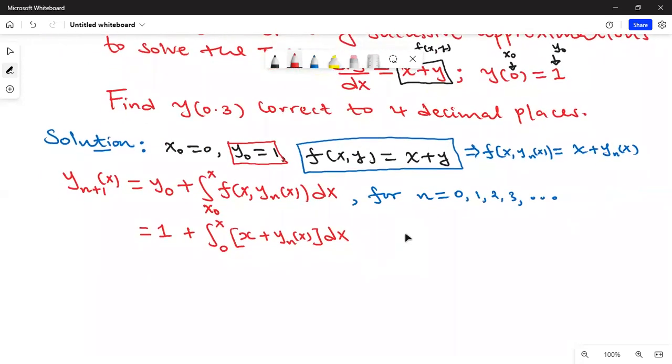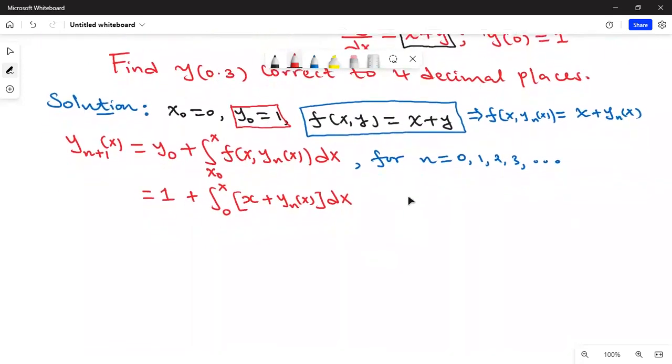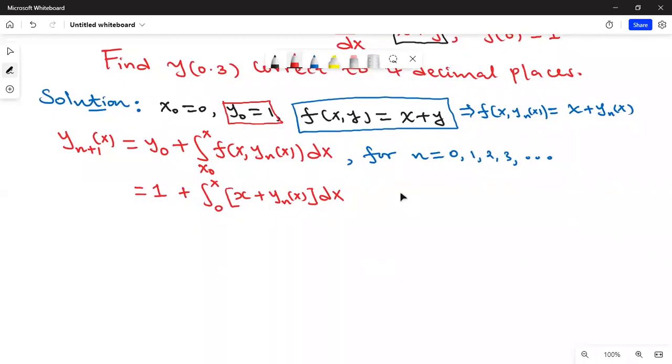Now the first approximation is y1 of x. That's when n is 0. So you can write here first approximation. What we do here is to put n is equals to 0.